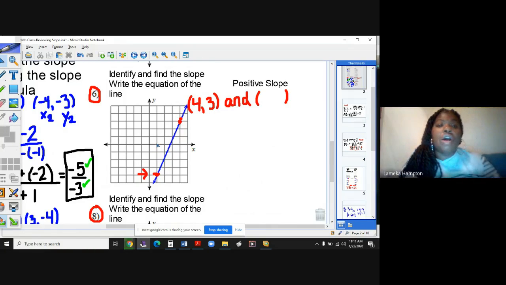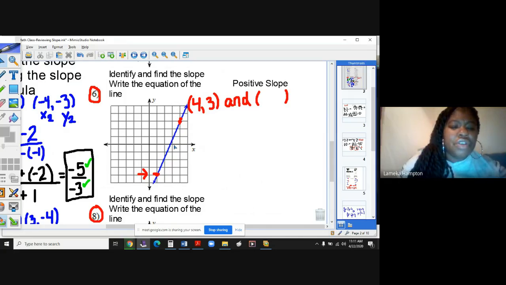So remember, you always start with your x-axis. So you're gonna start over here with 1, and then you're going to go down 1, 2, 3, 4. So that coordinate in actuality would be 1, -4.